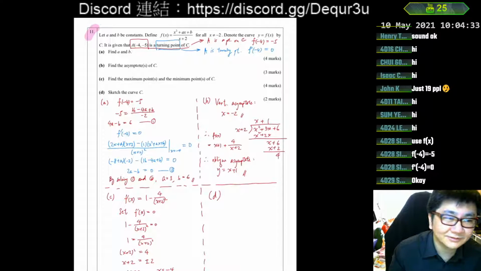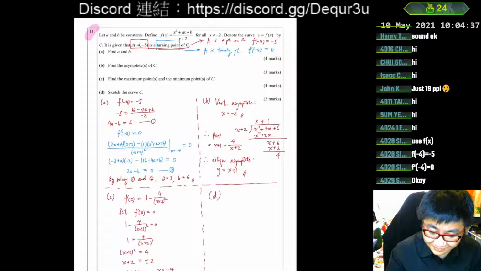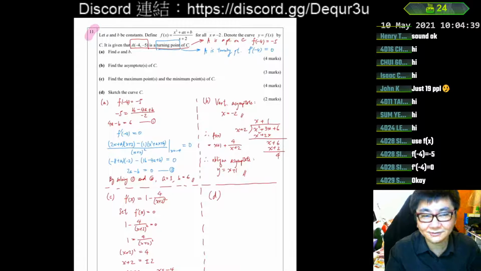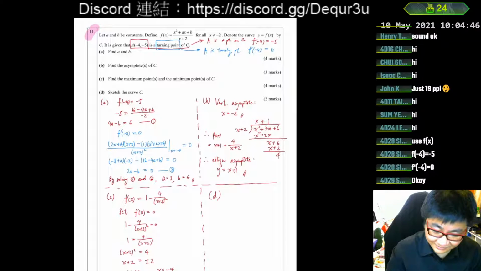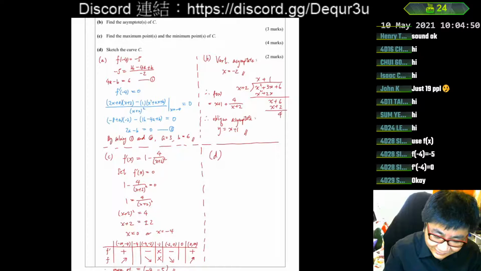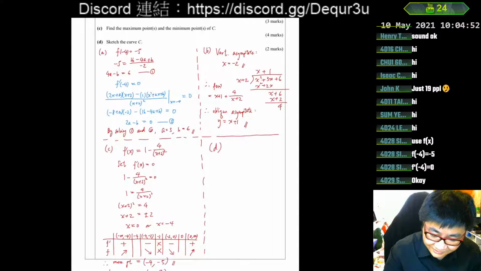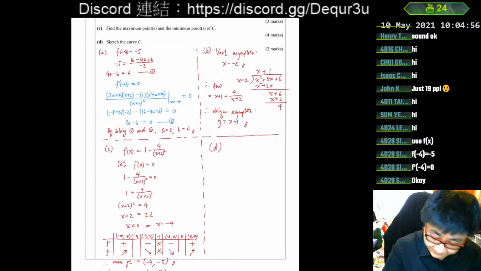So don't be afraid of curve sketching questions. In fact, most students who study M2 will think doing curve sketching questions is the most secure way to get marks. And therefore, later, maybe in an exam or maybe even in DSE, if you see a curve sketching question, then have your own confidence to complete it.